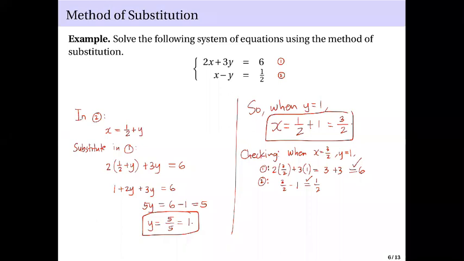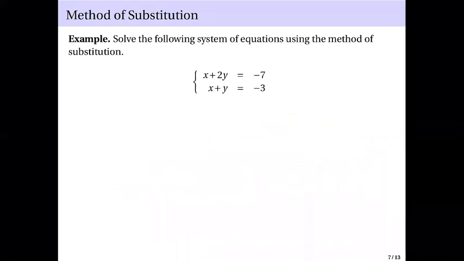Let us work on another example. Same method. So we want to solve the system using the method of substitution. So again, we can label this as equation 1. This is equation 2. So we can use any equation. Okay? Say equation 1.